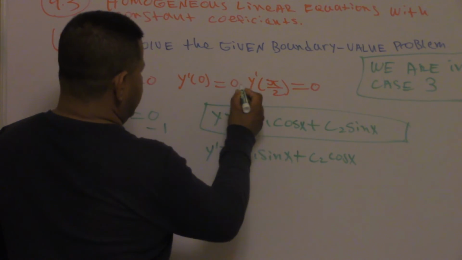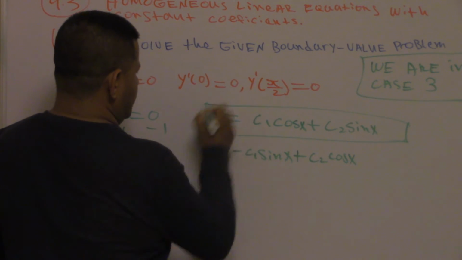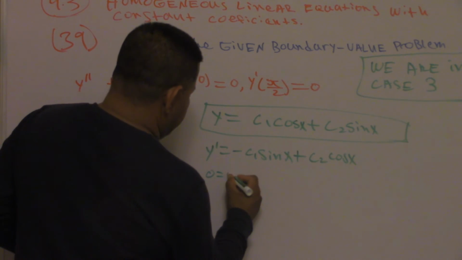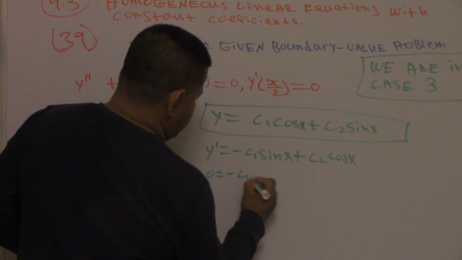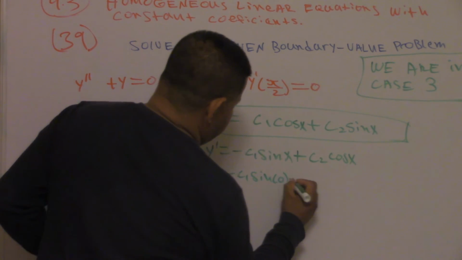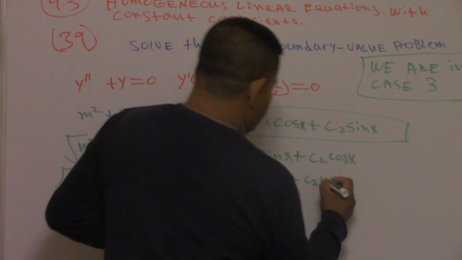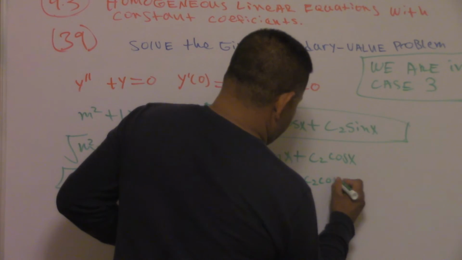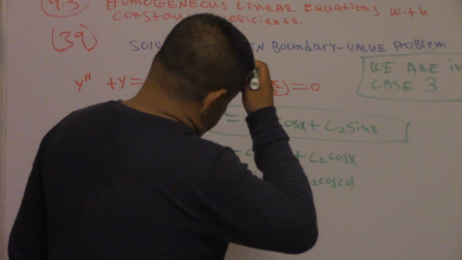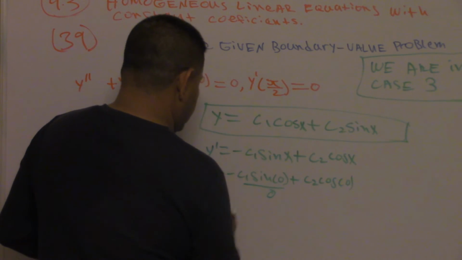So if I plug in 0, and I let y prime equal 0, then 0 is equal to negative c1 sine of 0 plus c2 cosine of 0, right? So look at this. The sine of 0 is 0, right?